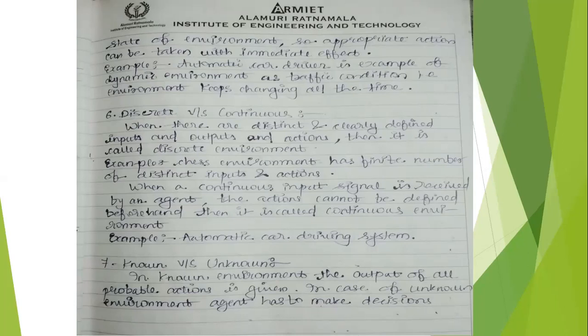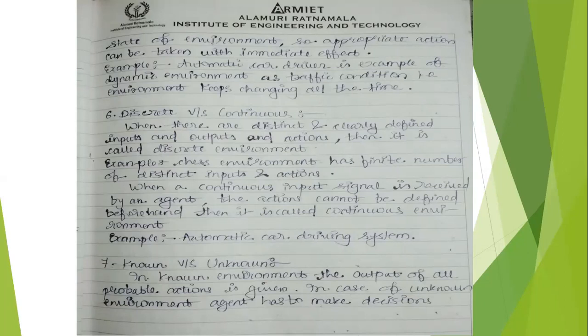Now, discrete versus continuous. When there are distinct and clearly defined inputs, outputs and actions, then it is called a discrete environment. Chess environment has a finite number of distinct inputs and actions. According to player one's move, player two is moving. So distinct inputs and actions. When a continuous input signal is received by the agent, actions cannot be defined beforehand, and it is called a continuous environment.